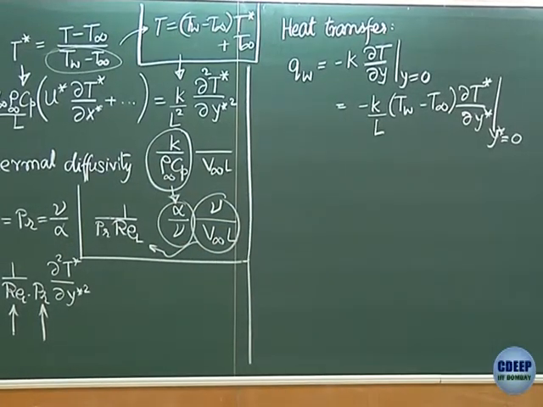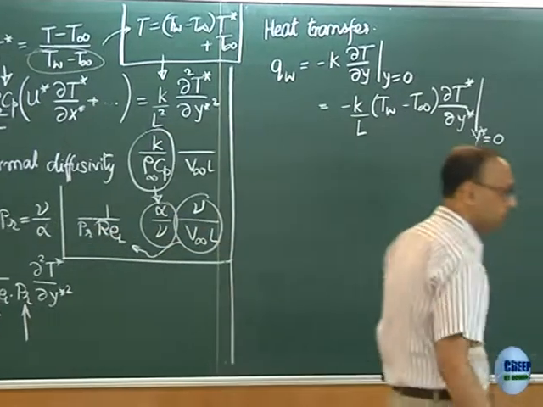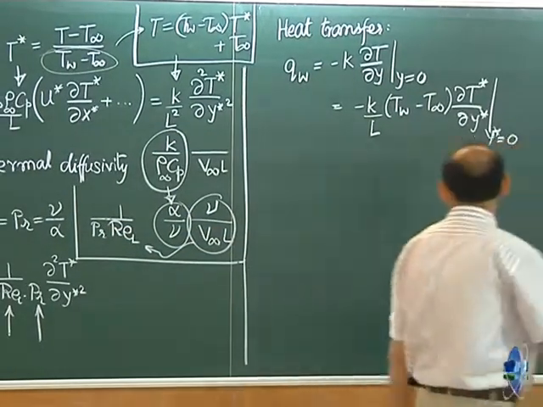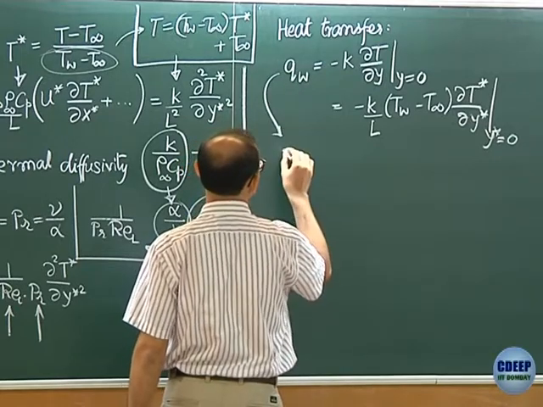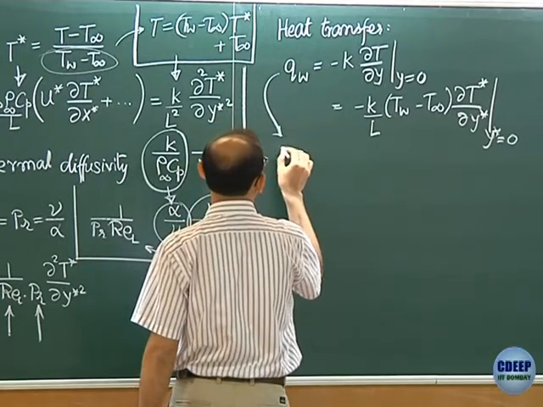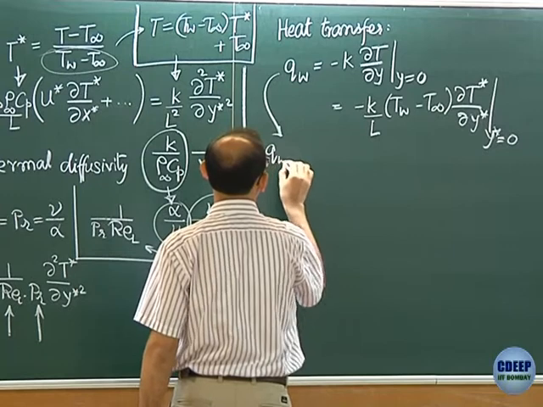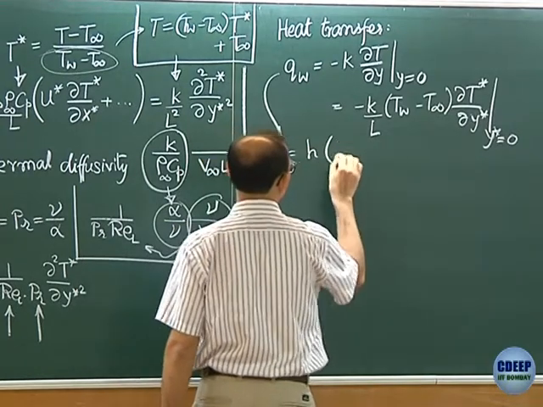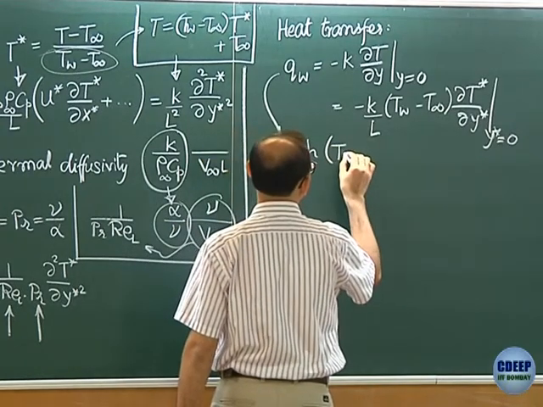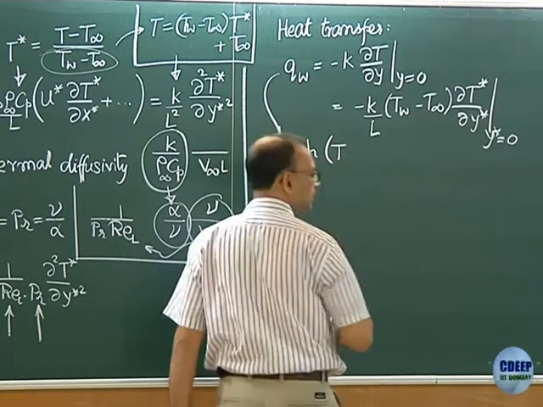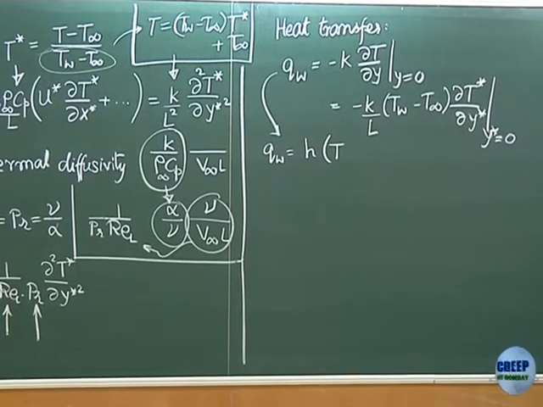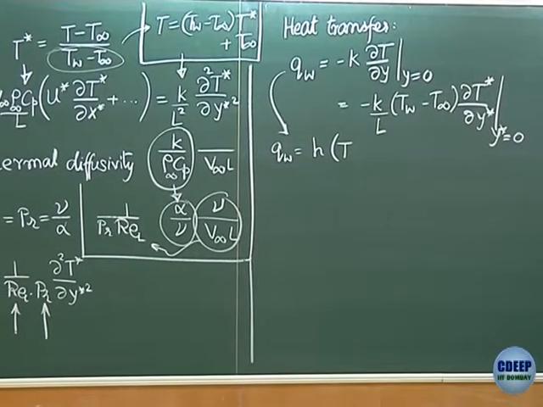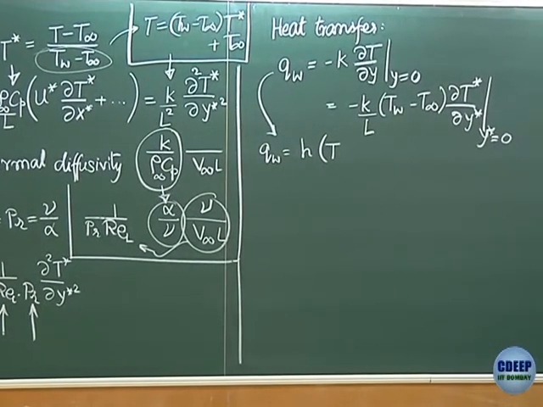Okay, and then there is one more thing that is brought in, and that is called a convection coefficient. This is written as Q as H times T infinity minus T wall, or T wall minus T infinity. I made a mistake? One second. T wall minus T infinity.